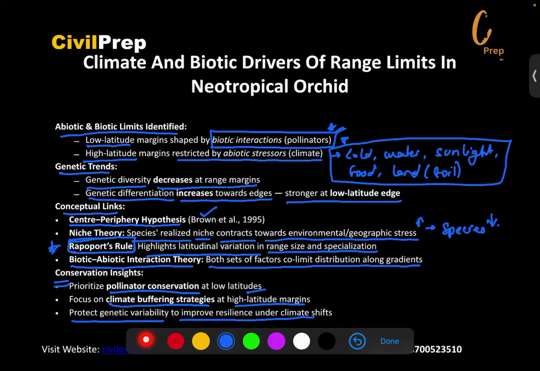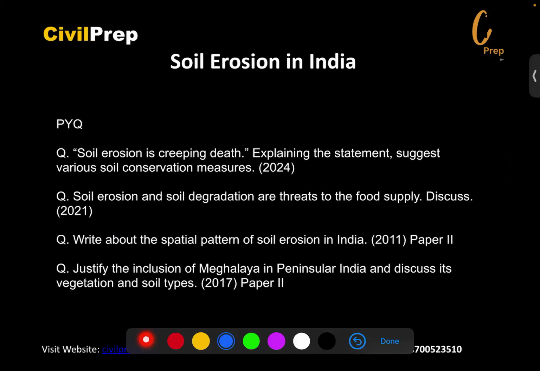It is also quite important because we are undergoing a phase of the Anthropocene, that is climate change because of human factors. So this is one case which we can understand quite well, and we can apply the various theories and models here with respect to the regional aspect. Now, moving to the next case here, that is soil erosion in India.